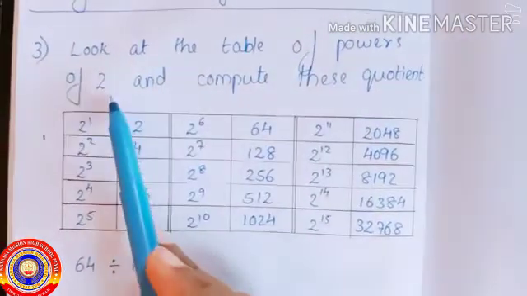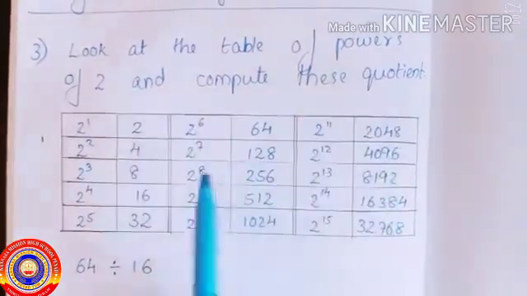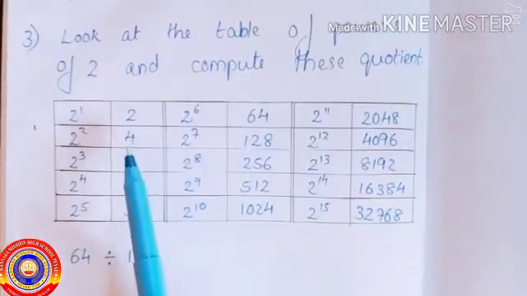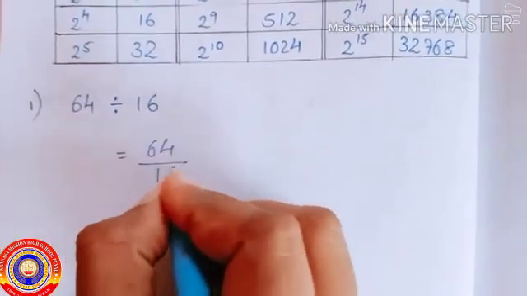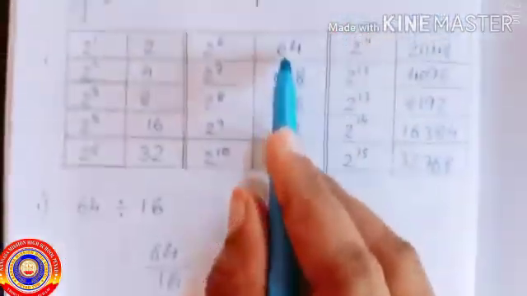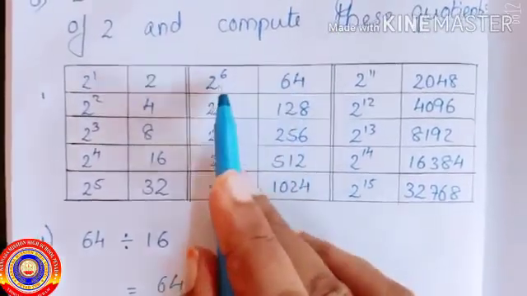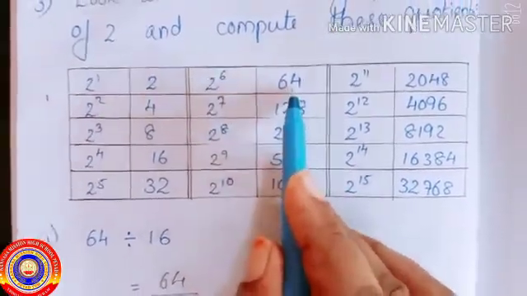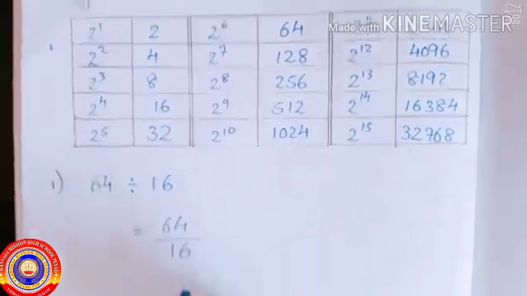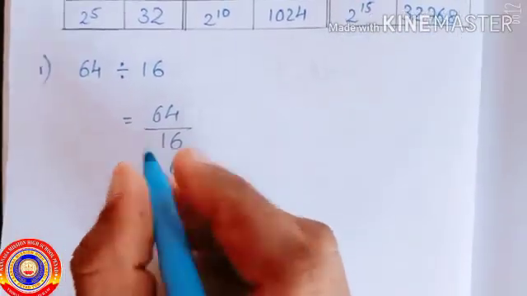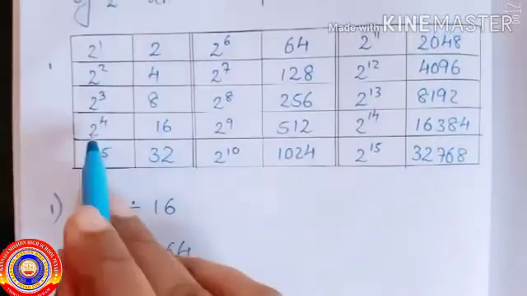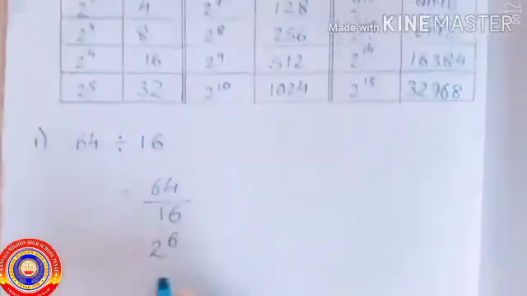Let's do one more question. Look at the table of powers of 2 and compute these quotients. 64 divided by 16. The 6th power of 2 is 64, so write 64 as 2 raised to 6, and the 4th power of 2 is 16.